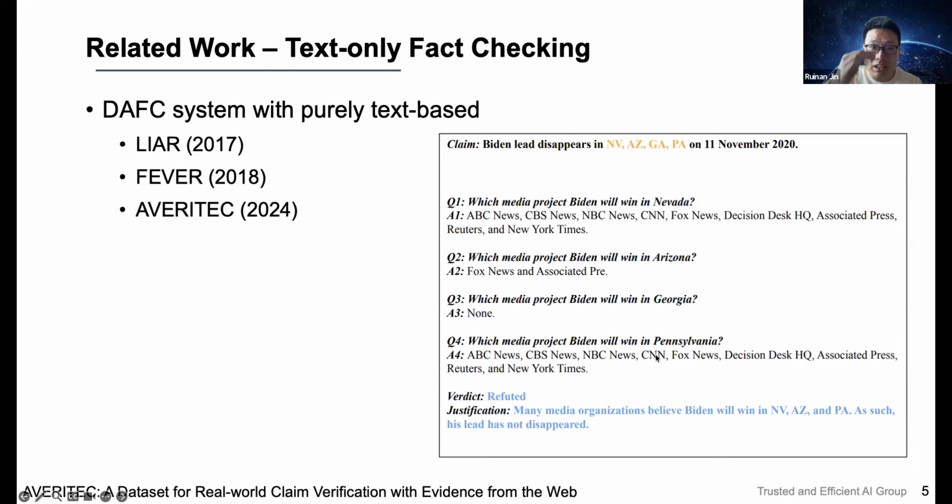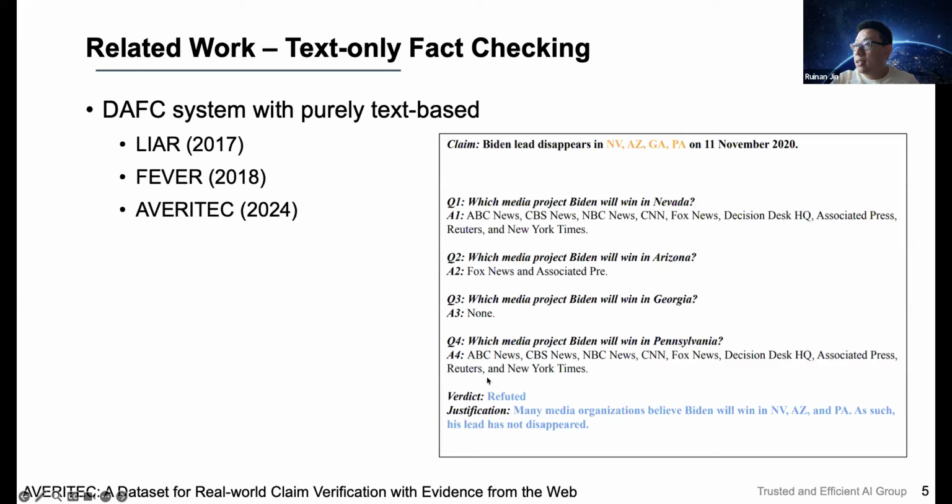And for each question, it will check the news from popular news and media platforms in the United States to check if this claim is correct. So they will check which media project Biden will win in Nevada, Arizona, Georgia, Pennsylvania, yes.